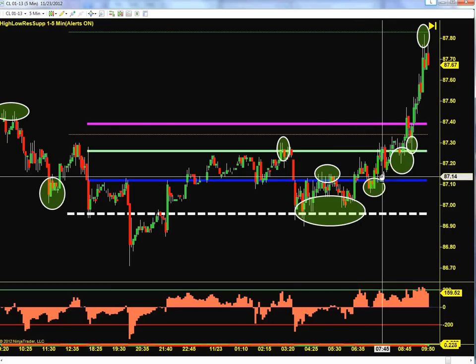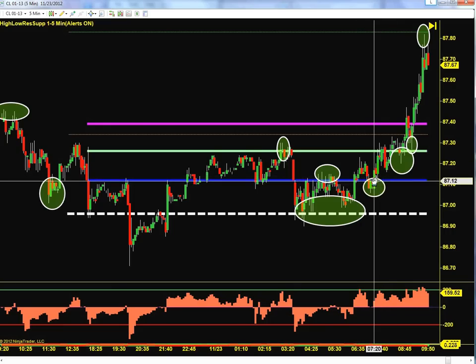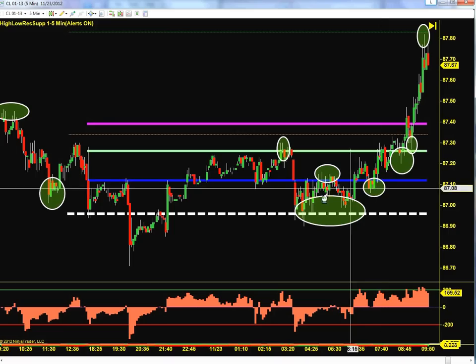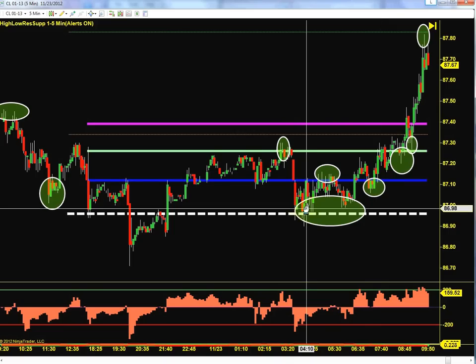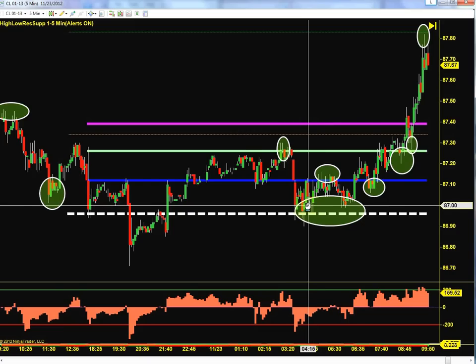The entry is here. The more aggressive are here at 8700, okay, and here you see there's no bank line between these lines.